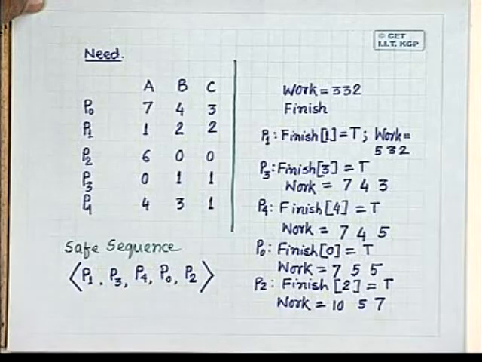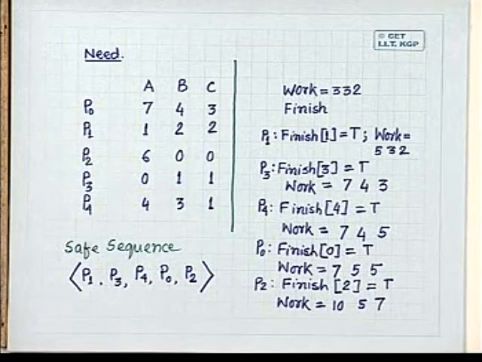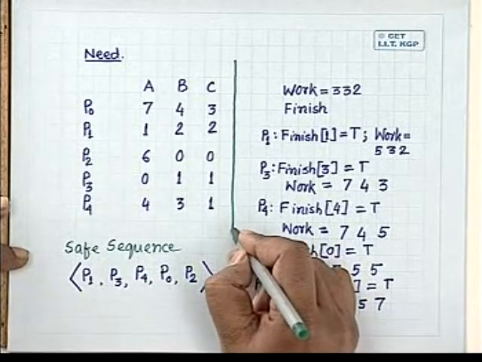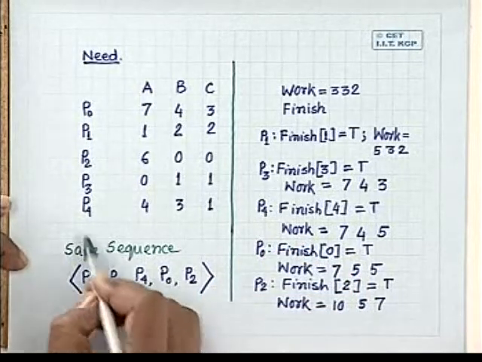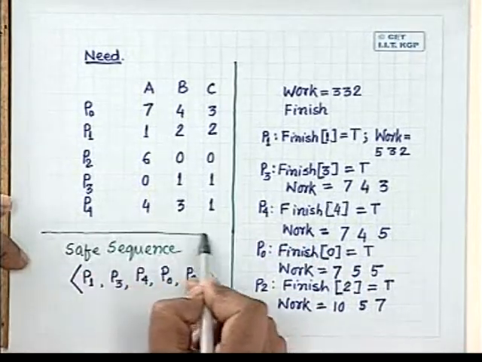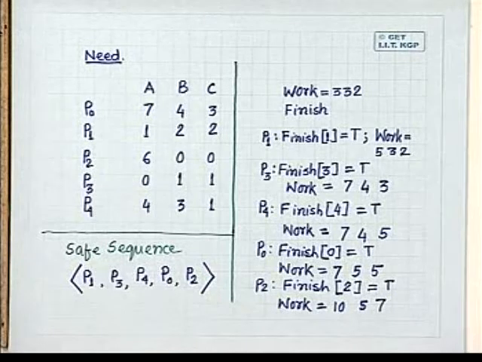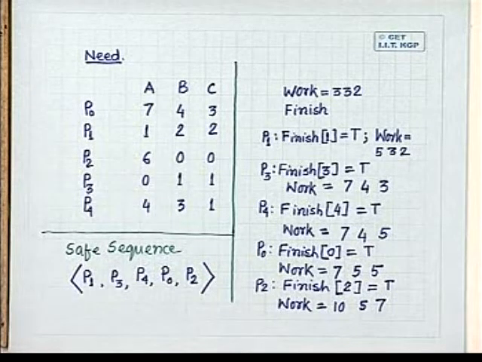This is the safe sequence. Because a safe sequence exists in the system in this particular state, the state is safe. So you can immediately conclude that the state is safe.